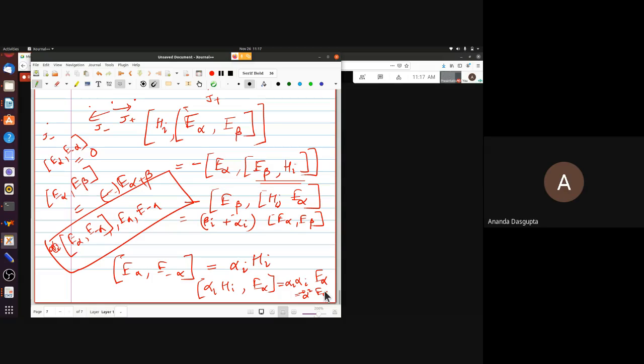In other words, for each of the E alphas, you essentially have E alpha, E minus alpha, and alpha dot H, which gives rise to an SU2 subalgebra of the whole algebra. So ultimately, if you know the SU2 subalgebra properly, and you know how SU2 acts on states, you essentially know how to build up the representation theory for any Lie algebra whatsoever.